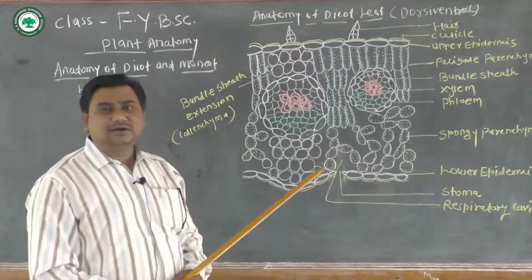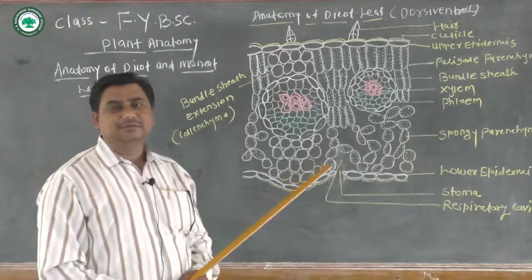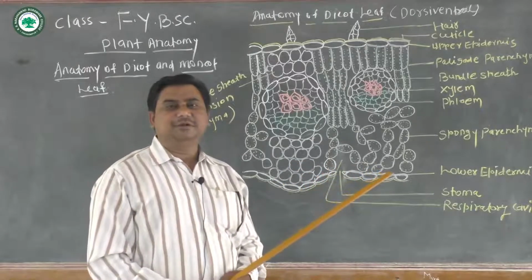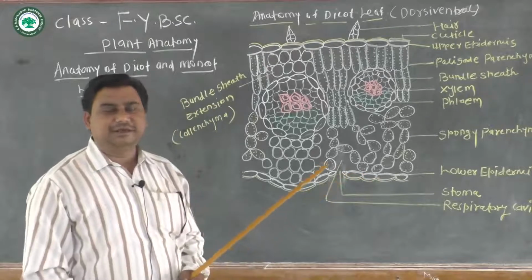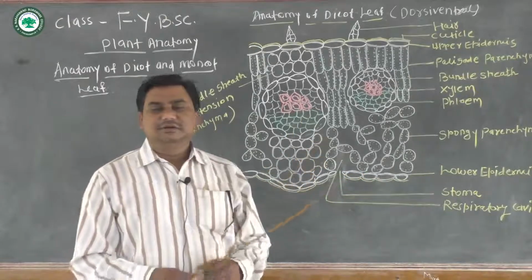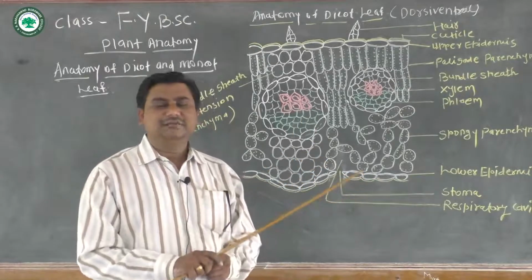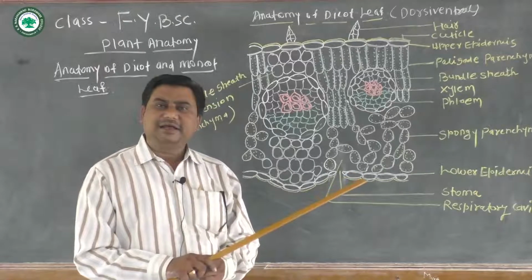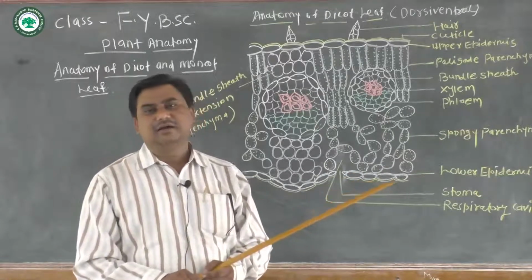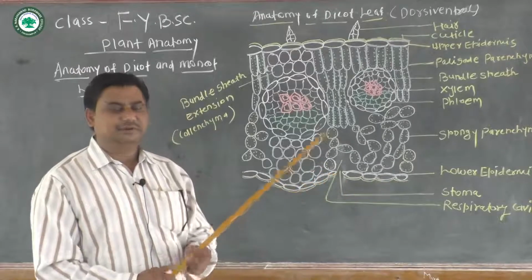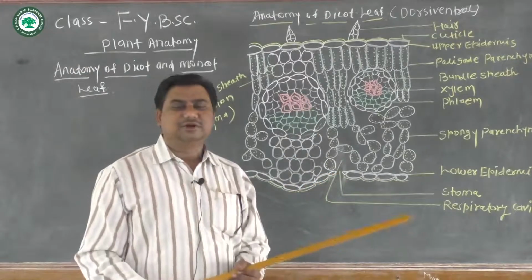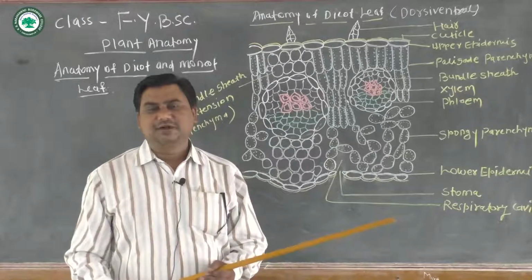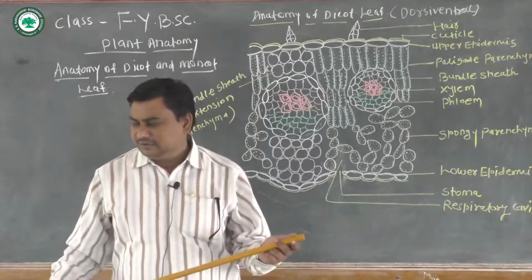What do you mean by dorsiventral type of leaf? Dorsiventral type of leaf means the leaves are perpendicular to the stem, and isobilateral type means leaves are parallel to the stem, just parallel to the stem, and here in case of dicot this is perpendicular to the stem.